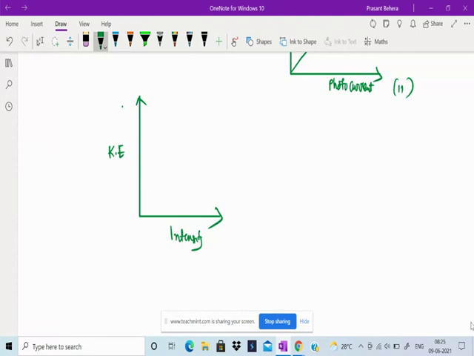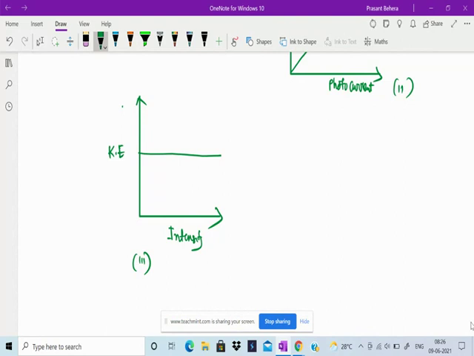If we increase the intensity, meaning more light radiation falls on the metal surface, the kinetic energy does not increase. Kinetic energy depends upon the frequency, so it remains constant. Kinetic energy does not depend on the increase in intensity. This is graph 3.